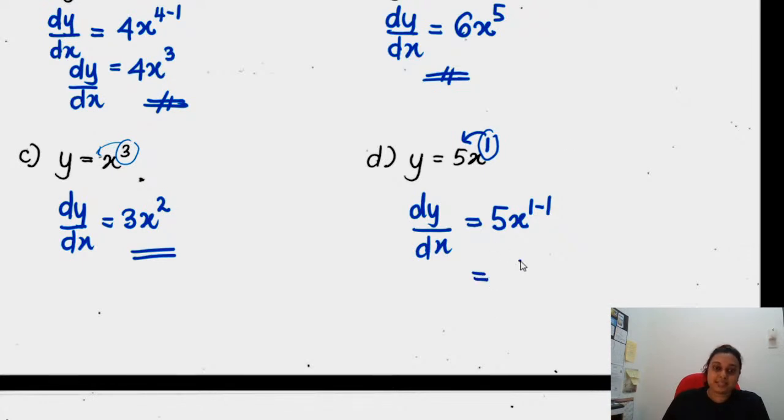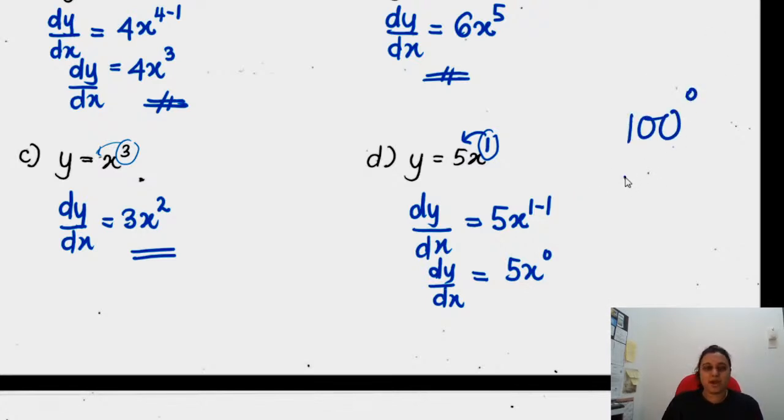Since you get 0, what is x power 0? Anything power 0 will be 1. You can check in the calculator: 100 power 0, 1 million power 0, 1 power 0, 20 power 0, all equal to 1.